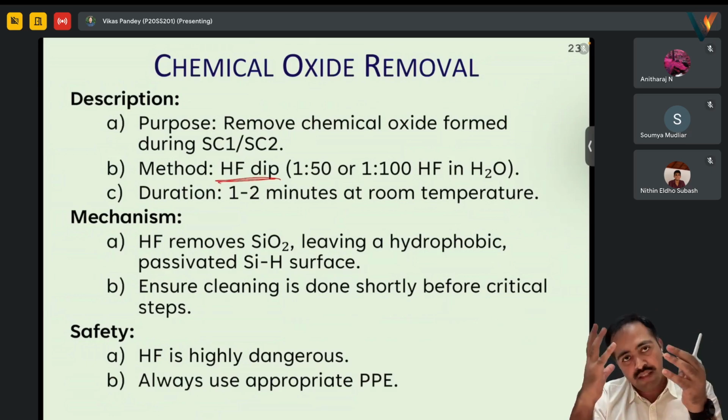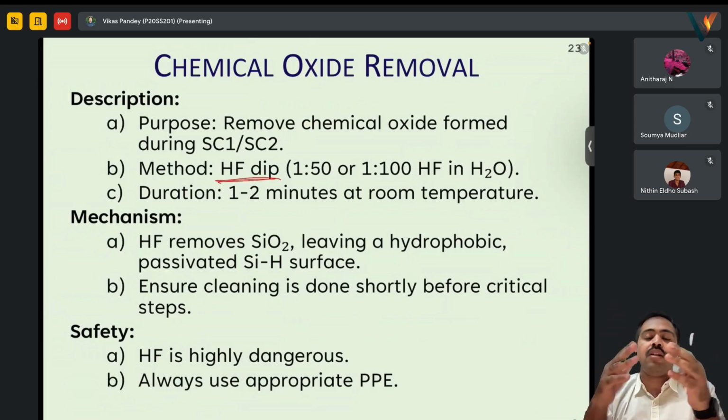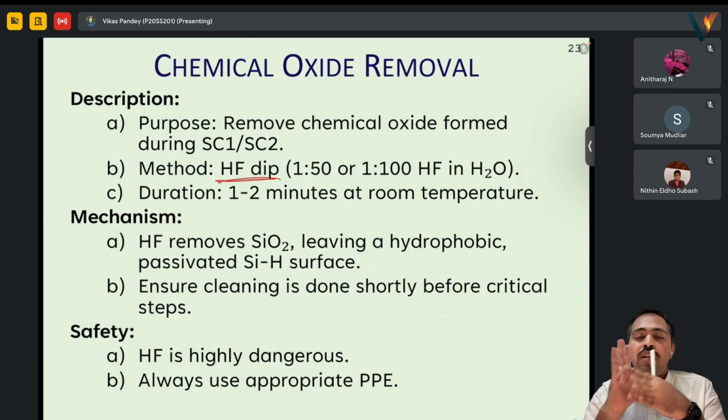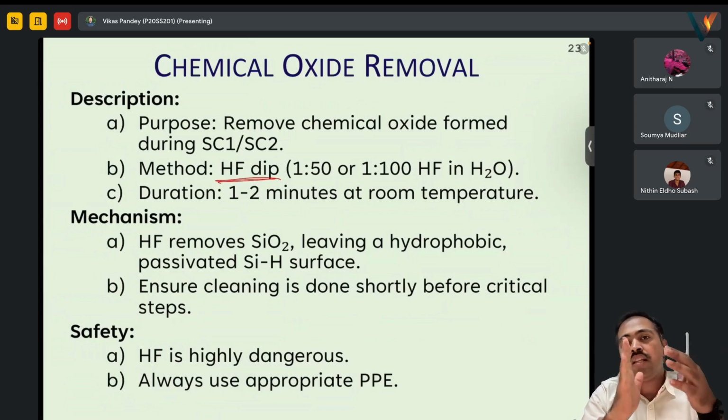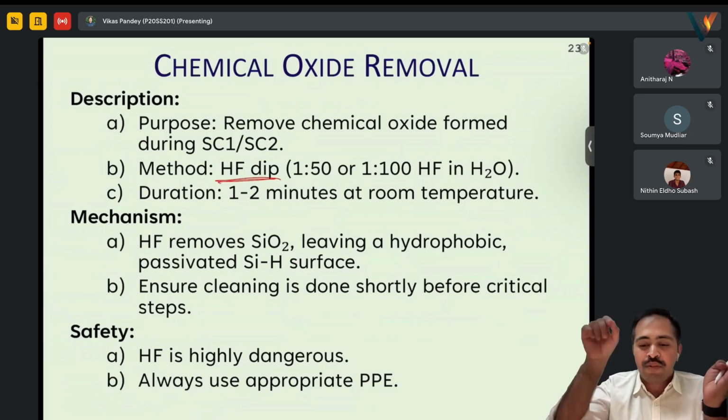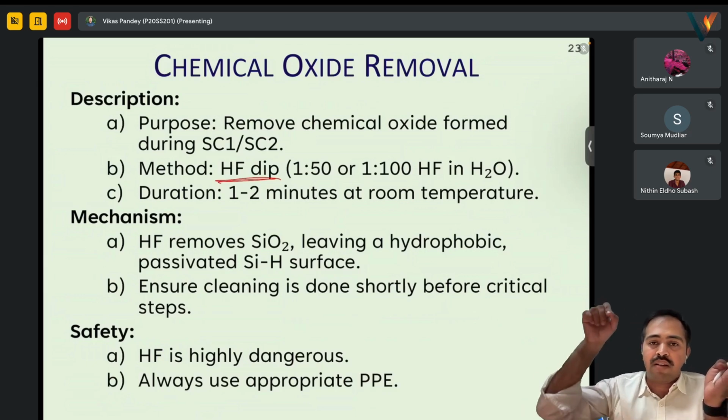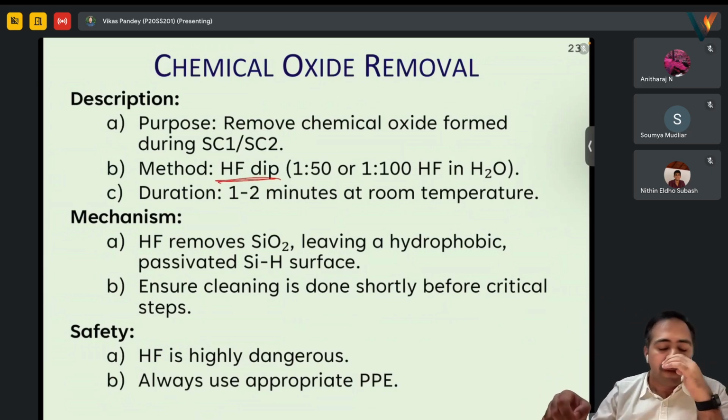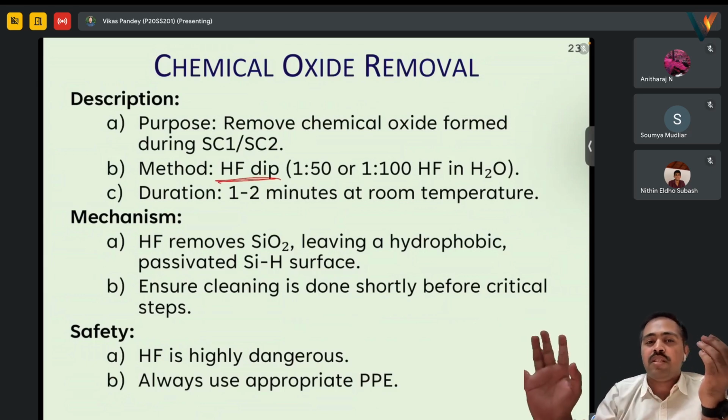That means if you dip it in water, water will remain on it. Once this native oxide is removed, it will become very hydrophobic, because silicon is hydrophobic in nature. So once it is done, you dip in pure DI water and take it out, and nothing will remain on it. That means it is cleaned.